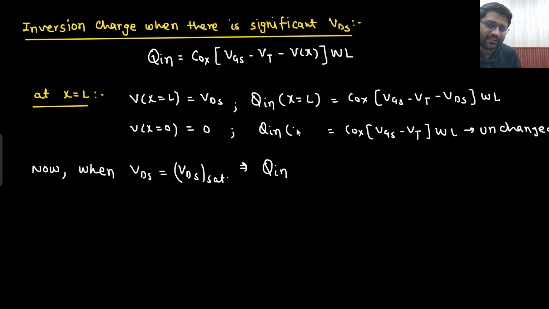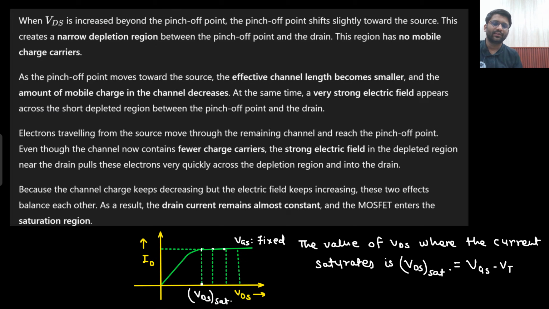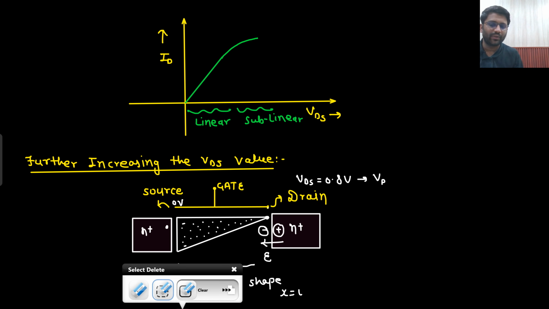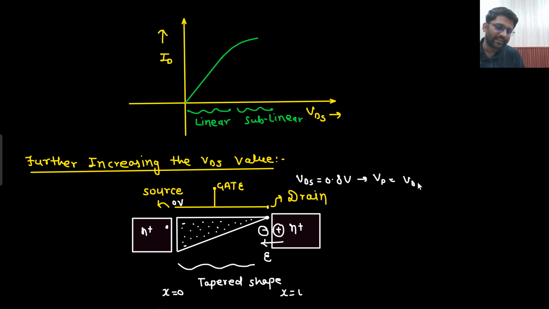This is your inversion charge at x equals to 0. When your VDS equals VDS set, then Q inversion at x equals to L would become 0. Say yes or no. This is my x equals to 0, this is my x equals to L. When VD is equal to this point, the pinch off point, you can call it VD set as well. Both are the same thing for MOSFET.